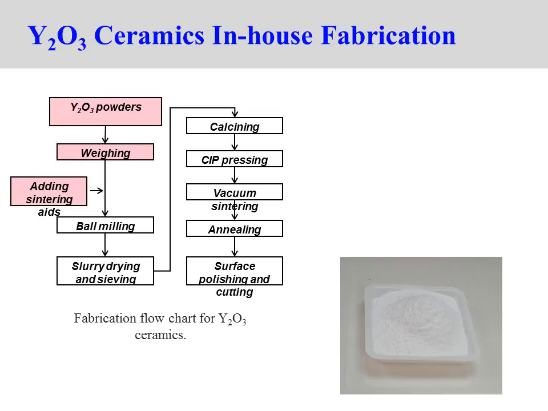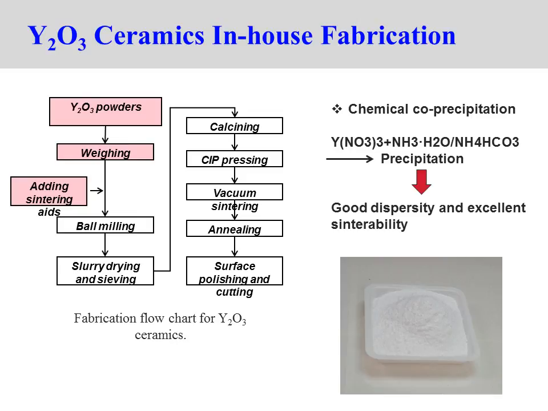The fabrication process of transparent ceramic is quite similar to general ceramics. First we prepare the powders. The quality of powders is really important. Here is a new method to prepare YAG powders, which is chemical co-precipitation.